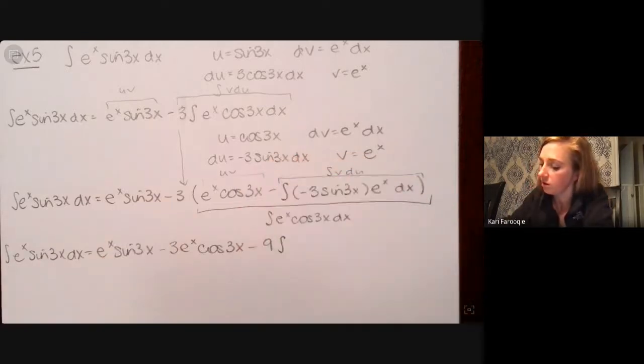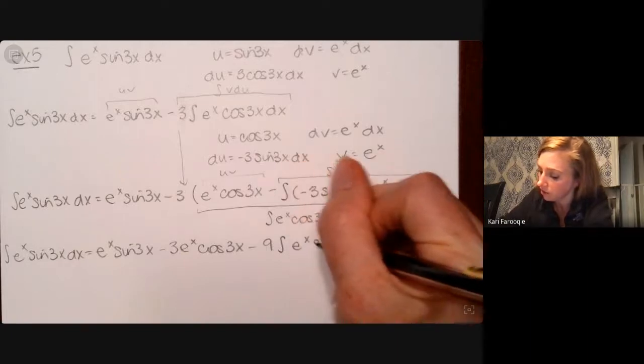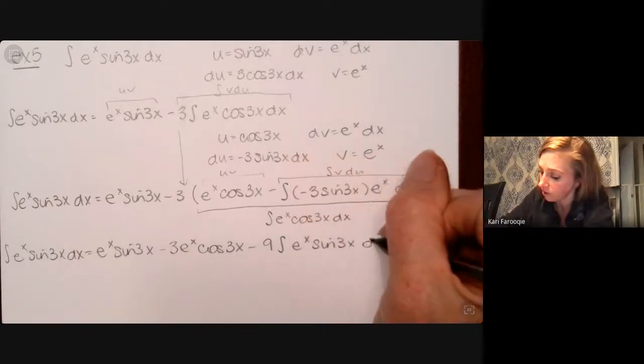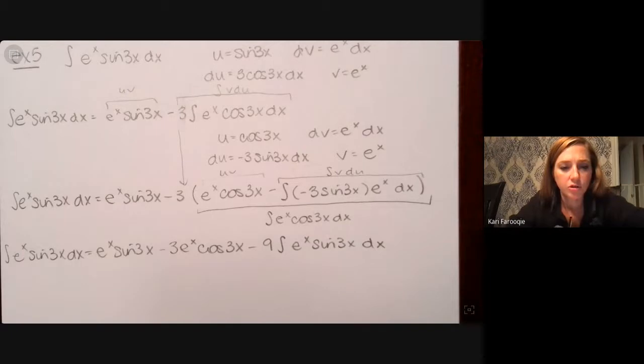So we're taking minus 9 times the integral of e to the x sine 3x dx. This might be one of those spots where you want to pause the video, look over it again, make sure that everything's accounted for, and that you understand where everything came from.